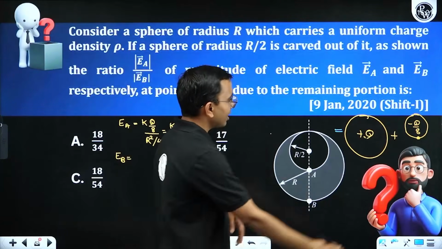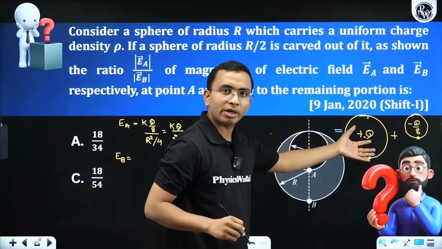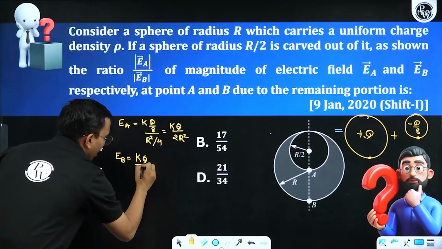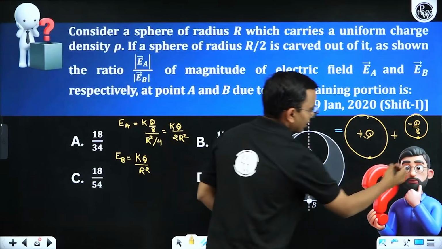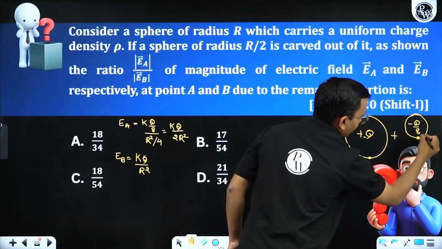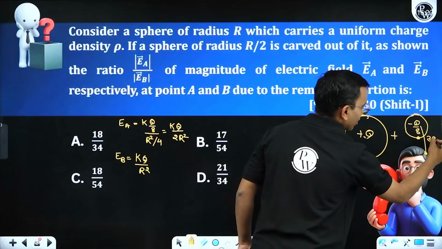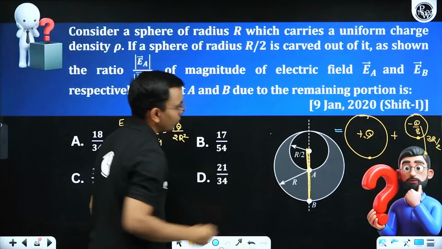Now EB at this point B. Due to the complete one, it will become KQ by r square. Due to the minus one, that point is somewhat down here, so from its center the distance will be 3r by 2. Meaning from here the distance is r plus r by 2, which is 3r by 2.